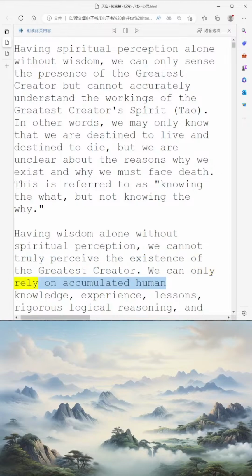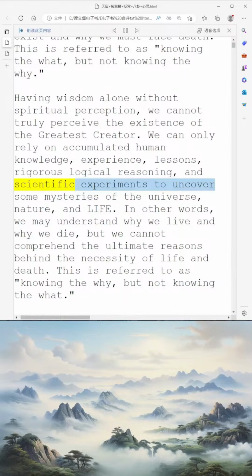We can only rely on accumulated human knowledge, experience, lessons, rigorous logical reasoning, and scientific experiments to uncover some mysteries of the universe, nature, and life. In other words, we may understand why we live and why we die, but we cannot comprehend the ultimate reasons behind the necessity of life and death. This is referred to as knowing the why, but not knowing the what.